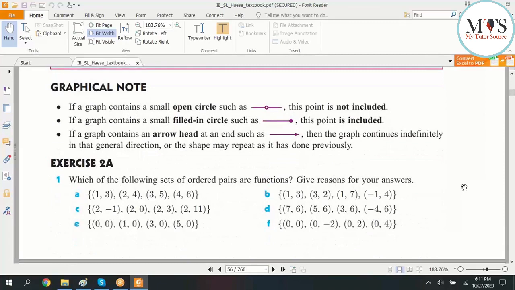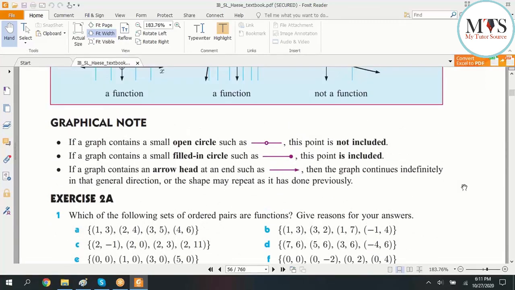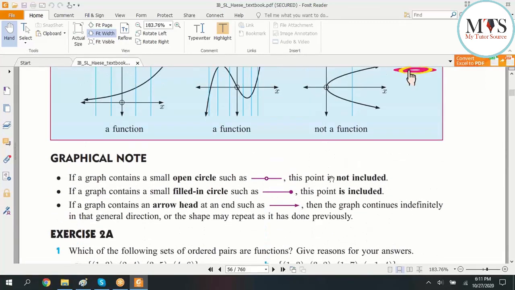Now, moving on to another basic point. If a graph contains a small open circle, such as this blank dot, this point is not included. If it's the colored dot, that means the point is included. If the graph contains an arrowhead at an end, then the graph continues indefinitely in that general direction, or the shape may repeat as it has done previously.